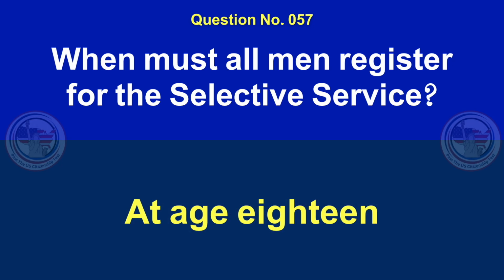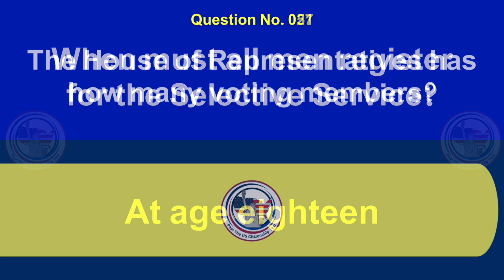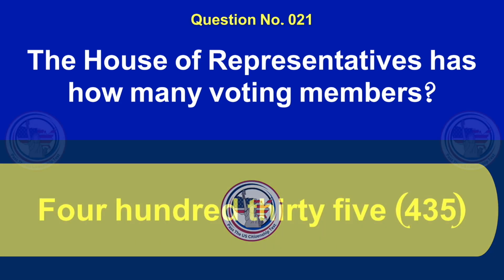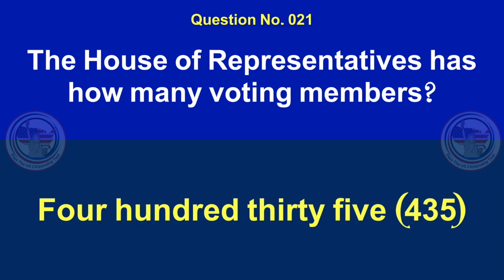At age 18. The House of Representatives has how many voting members? 435.